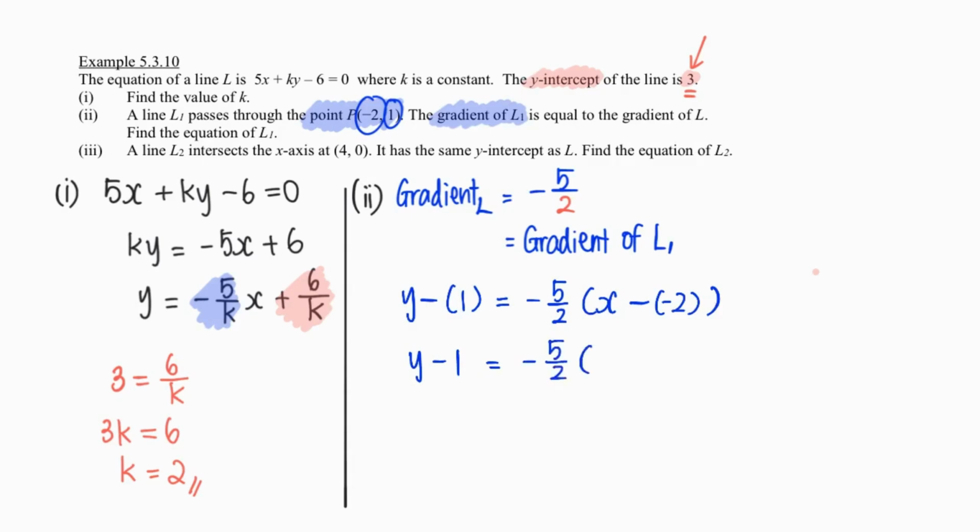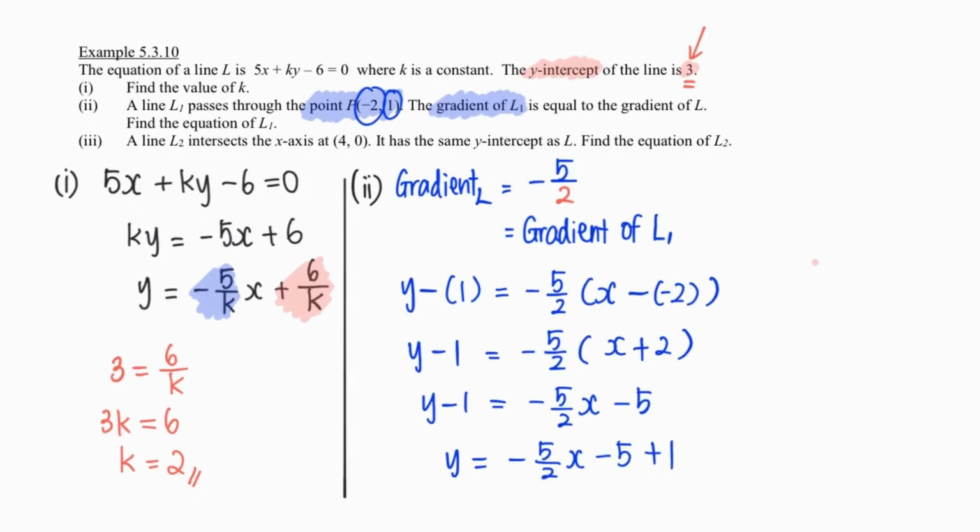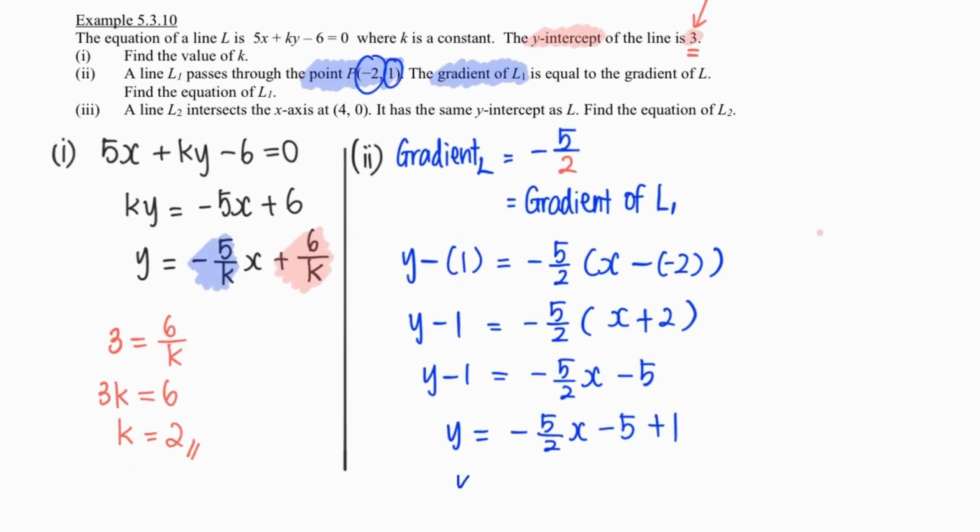I simplify inside first, and after which, continue to simplify, times x minus 5. And eventually you will get the answer. Plus 1 on both sides. And finally, let me shift it up. So that's the equation for line 1.